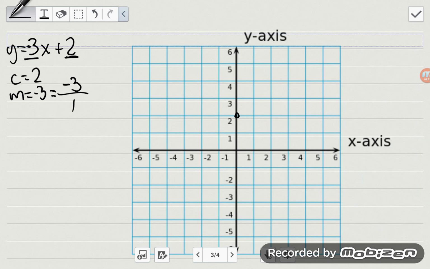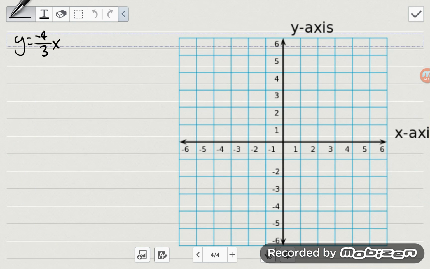Negative 3 goes up or down depending on whether it is positive or negative. Negative, so it will go down. Down 3 from the first point that we have plotted: 1, 2, 3. That brings us here. Then we always go to the right for the denominator, 1. Now we can sketch our line.